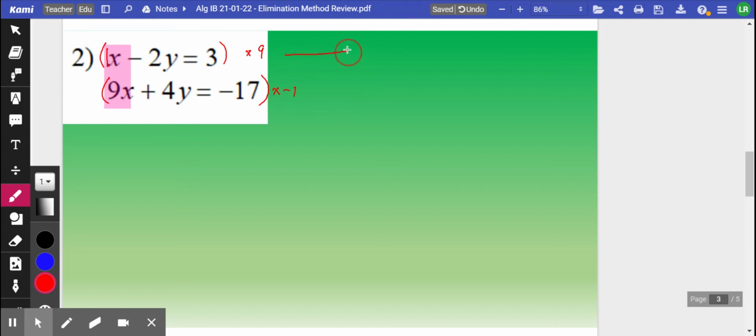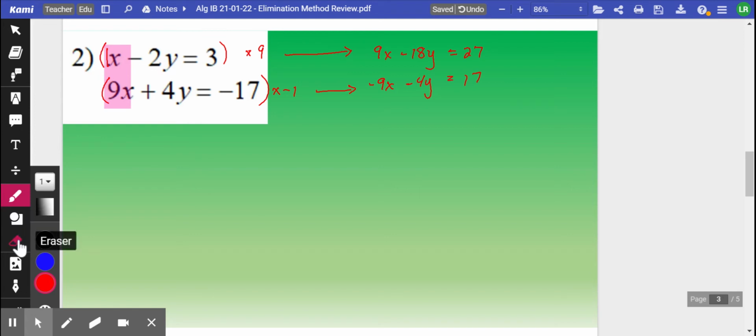And then be careful when you are multiplying these out. The top, all 3 by 9. So that's going to give me 9x, negative 18y, and 27. On the bottom, everything times negative 1, so that gives me negative 9x, negative 4y, and positive 17.